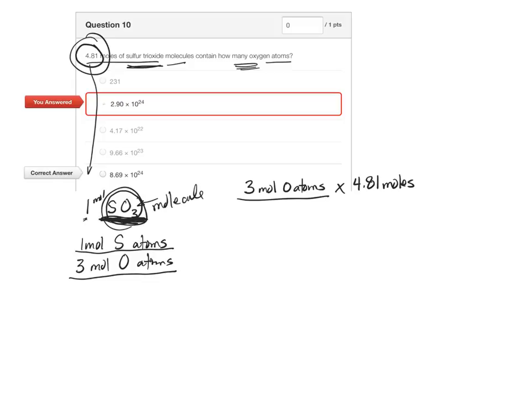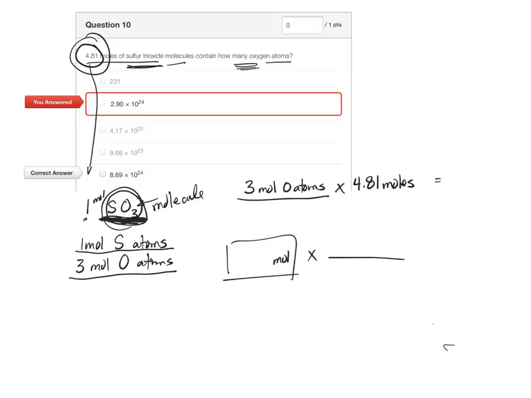Okay, so if I multiply those two together, I don't know what that comes out to. It'll come out to a number. But then what I need to do is multiply that by, and what this will be is moles of oxygen, Avogadro's number.